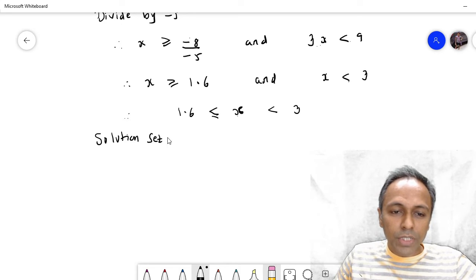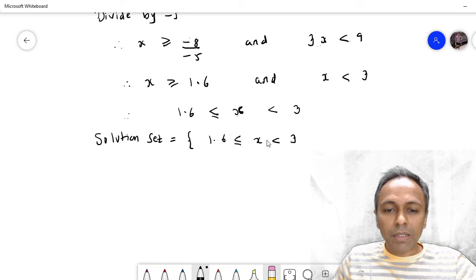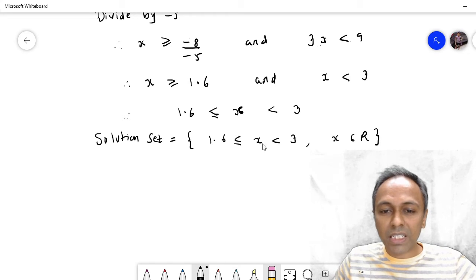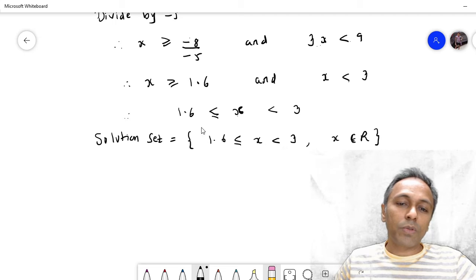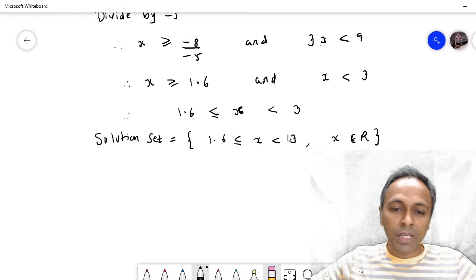Whenever you are writing the solution set and x belongs to R, understand that you have to write it in set builder form. Writing this as it is, write comma x belongs to R. We can't list the elements like the roster method. Why? Because then there are infinite points. How will you write infinite points? So you have to write it with the help of inequality signs.